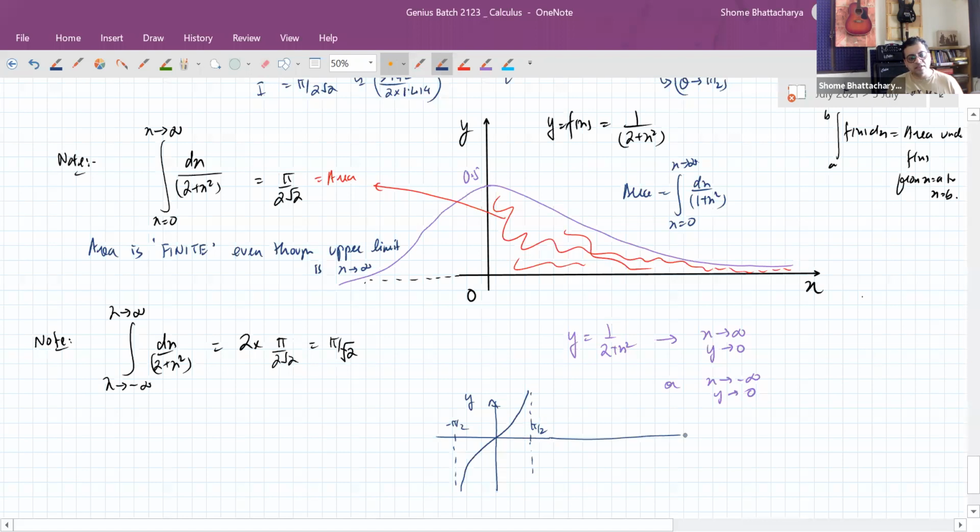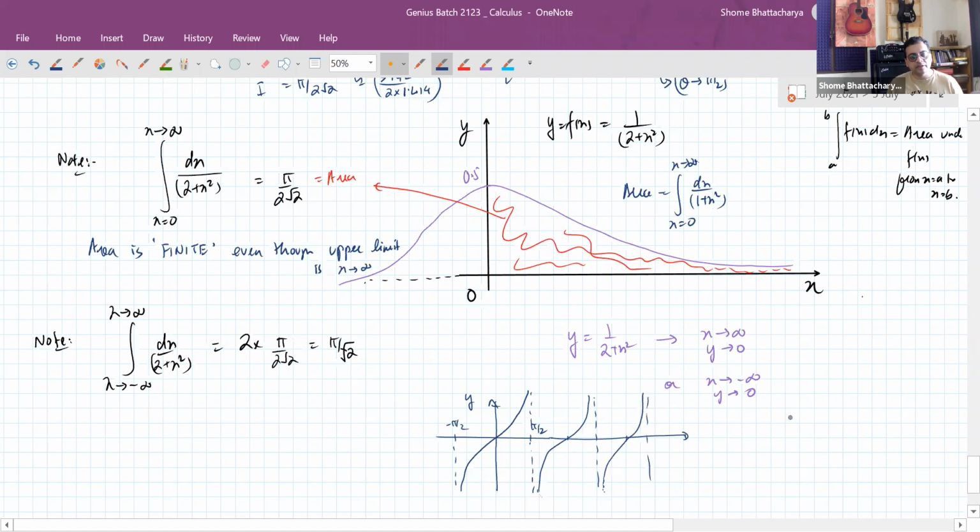There's a discontinuity in your graph every time there is an odd multiple of pi by 2. But when we take the inverse trigonometric function, we take only the primary domain, between minus pi by 2 and plus pi by 2. So we will not take points beyond pi by 2.